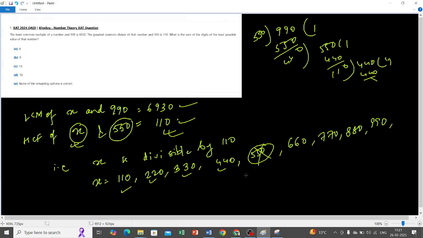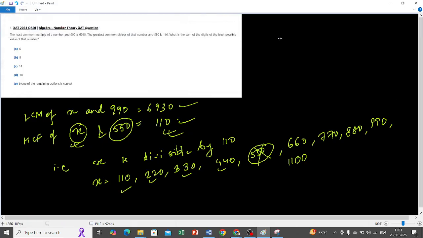Up to where will it go? 1100? No, 1100 cannot be this number, because the HCF of 1100 and 550 is 550, since 1100 is divisible by 550.